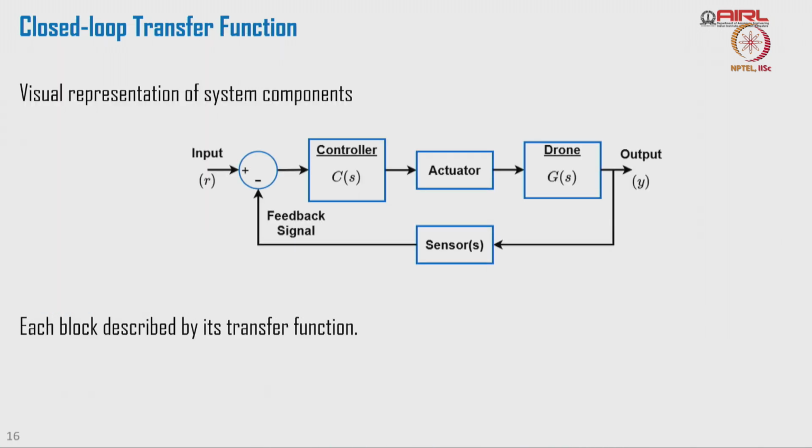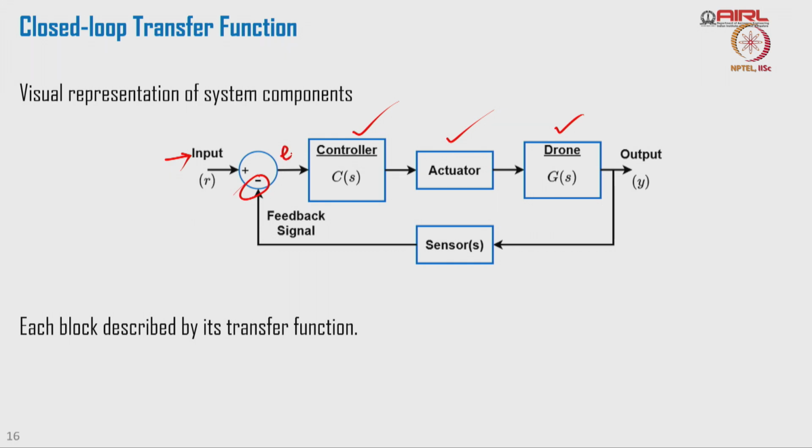Visual representation of system components in closed loop systems we have already gone through. This is the reference input, which is the desired output. We have controller, then we have actuator, we have the system, which is in our case drone. We get some output. Now, the sensor tells whether the output is of desired fashion or not. By feeding back the signal here, we are taking care of negative feedback here.